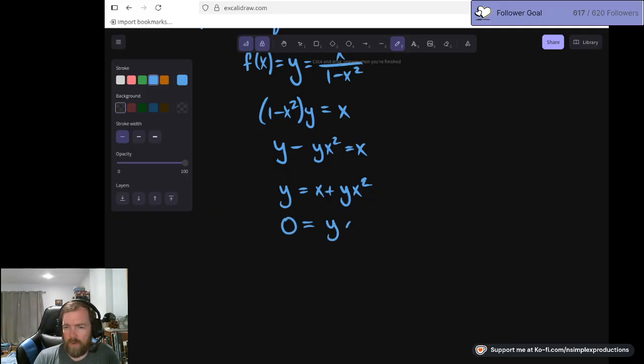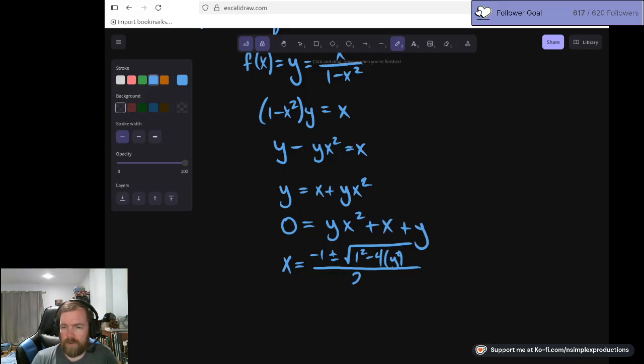Okay, so we go yx squared plus x plus y. And yeah, treat y as if it's a coefficient. So x is going to be equal to negative b, which is -1, plus or minus the square root of b squared, which is 1 squared, minus 4 times a, which is y, times c, which is y, so 4y squared, all over 2 times a, which is y.